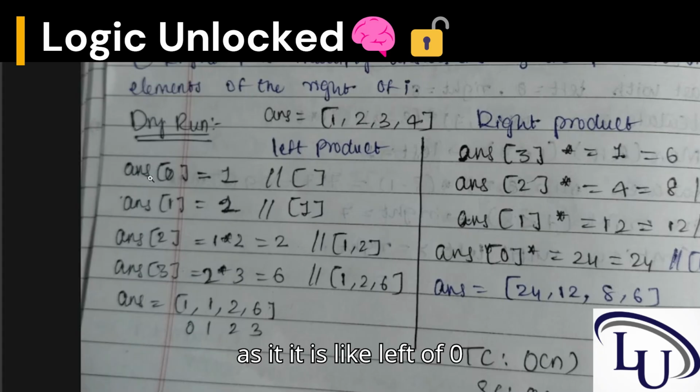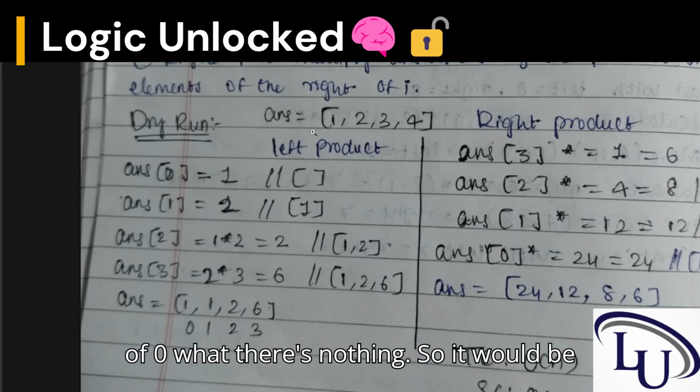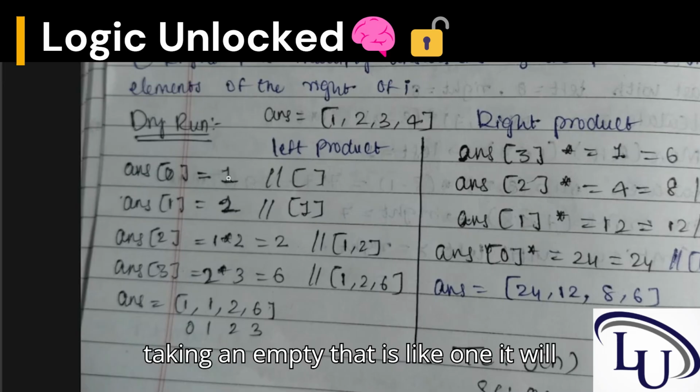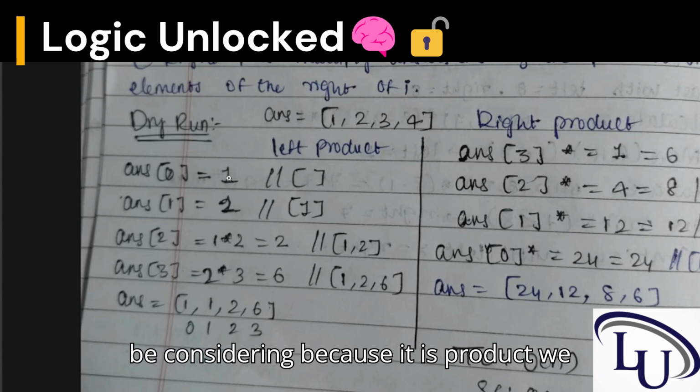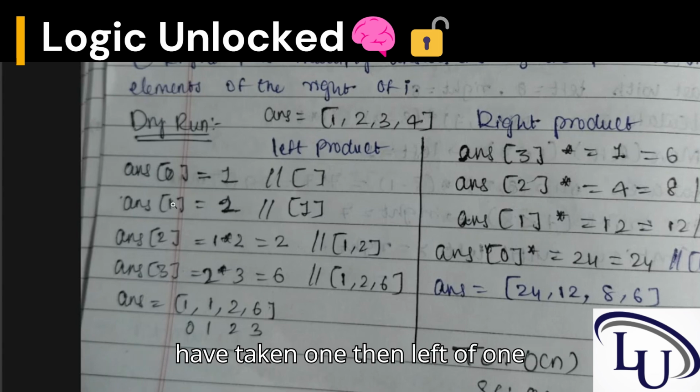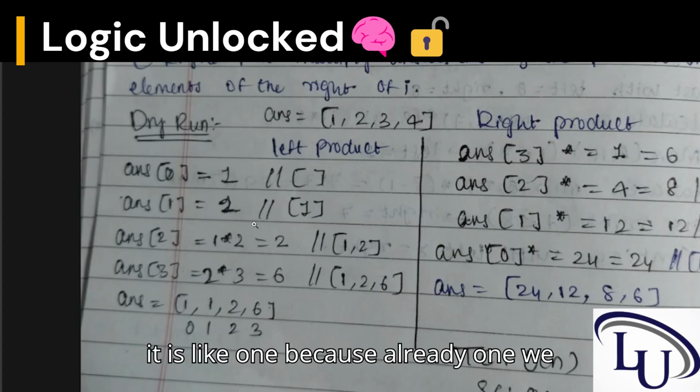Left of index 0 would be nothing, so it would be an empty product, that is 1, because it is a product we have taken 1. Then left of index 1 is 1, because already 1 we have taken here.